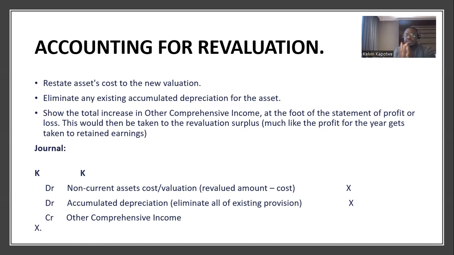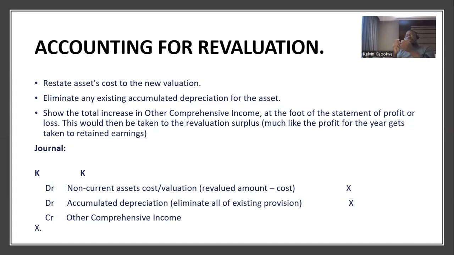Then, show the total increase in other comprehensive income. So the total increase that we are talking about is the revaluation gain. So the revaluation gain goes to other comprehensive income at the foot of the statement of profit or loss. So this would then be taken to the revaluation surplus.